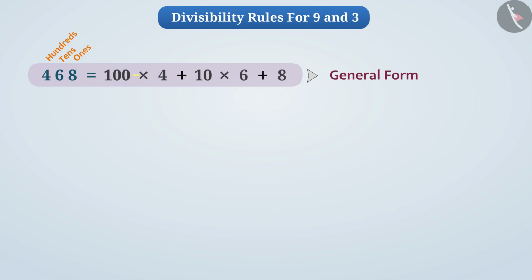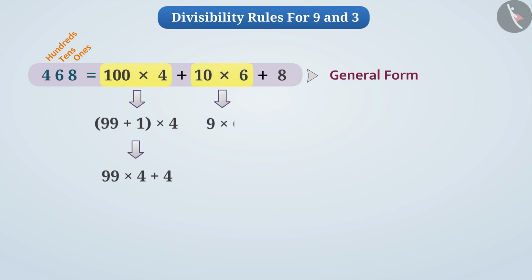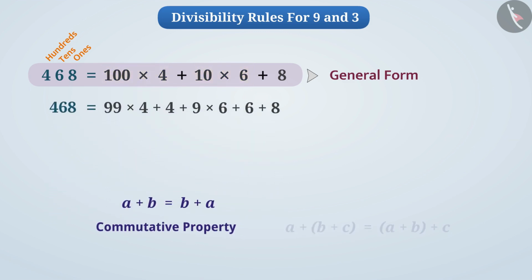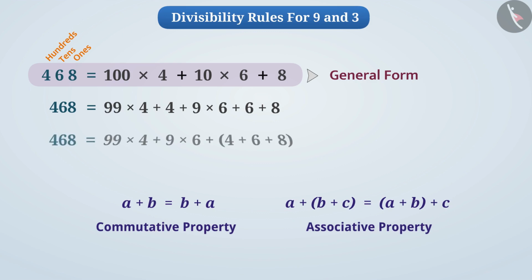We can write 100 multiplied by 4 as 99 plus 1 multiplied by 4, that is 99 multiplied by 4 plus 4. Similarly, we can write 10 multiplied by 6 as 9 multiplied by 6 plus 6. This will give us 468 is equal to 99 multiplied by 4 plus 4 plus 9 multiplied by 6 plus 6 plus 8. Now, using the commutative property and associative property, we can change their order and group them like this.